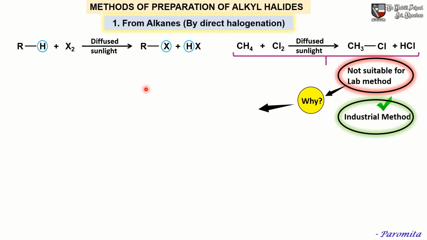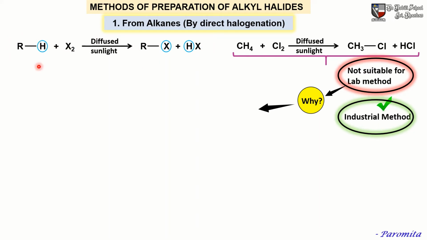Now we will discuss the methods of preparation of alkyl halides. Our first method is we are going to prepare alkyl halides from alkanes by direct halogenation. Alkanes react with chlorine or bromine in the presence of diffused sunlight to give alkyl halide and HX.